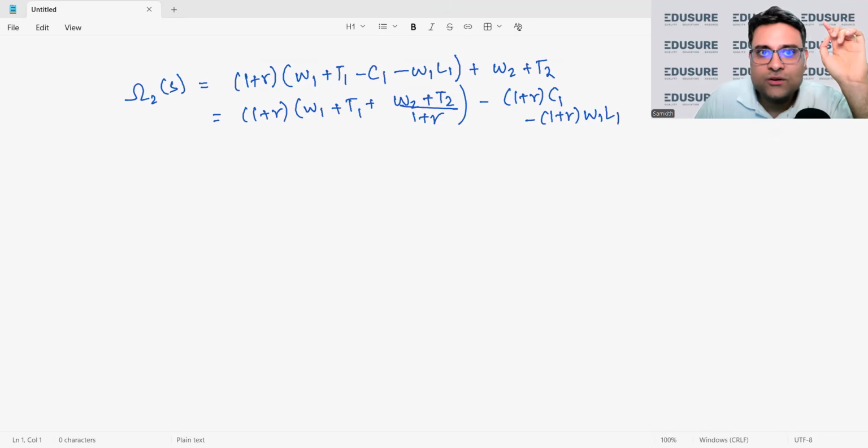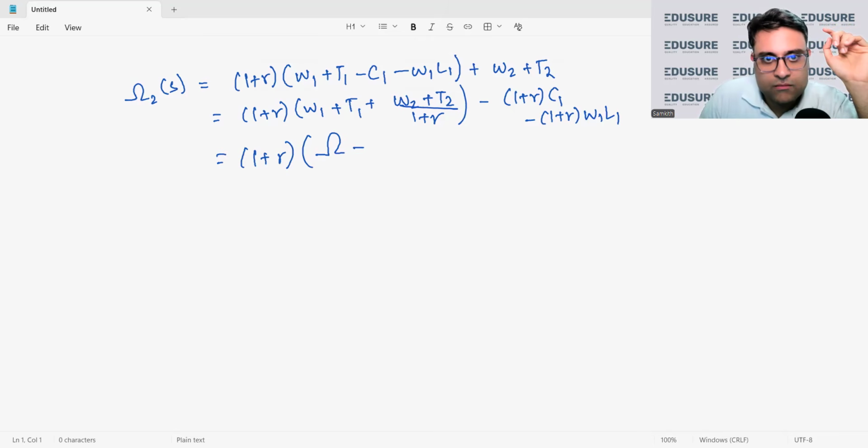Why did I write it like this? Because this is basically giving me the omega. So 1 plus R omega minus C1 minus W1 L1. This is my omega 2.